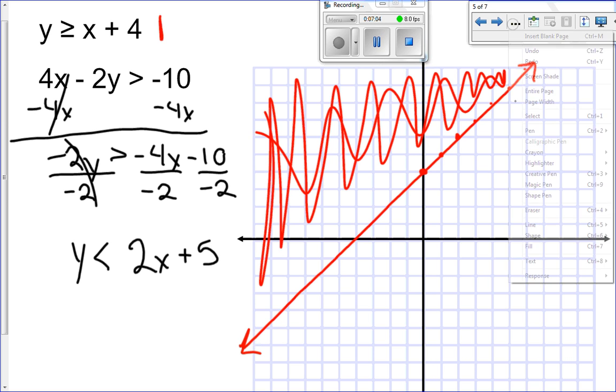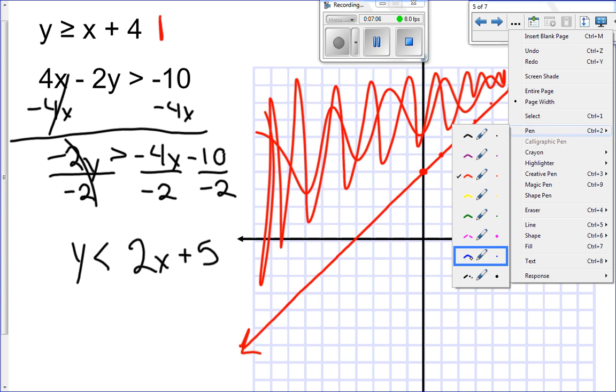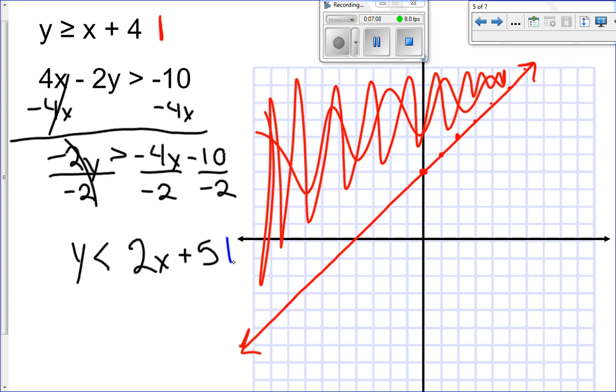above. And then the other equation, y is less than 2x plus 5. We'll find 5 on the y-axis, and the slope is rise 2, run 1.